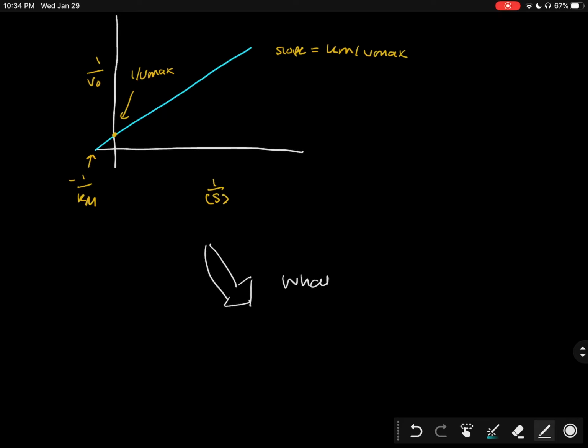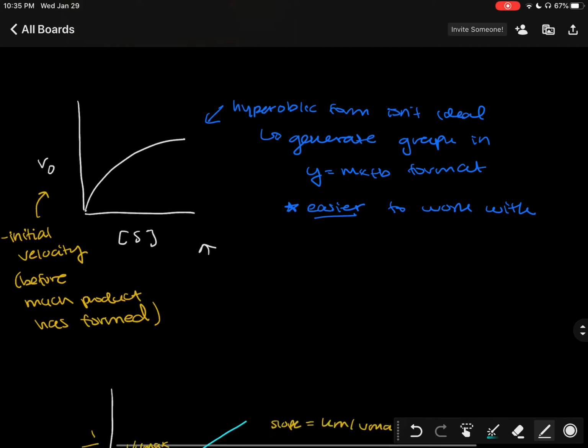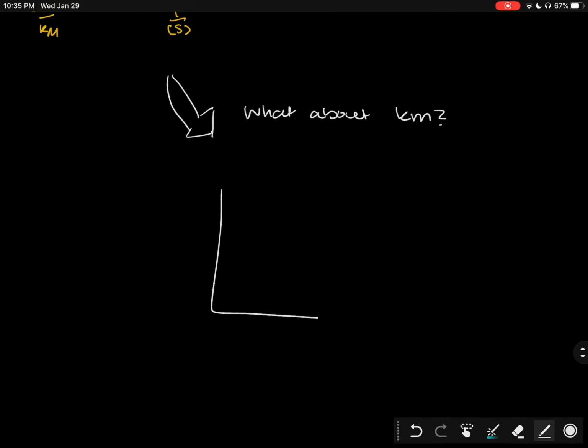So what about Km? If we look at a curve like we had up above, let's just redraw that. We want some way to measure the affinity. This is substrate concentration.